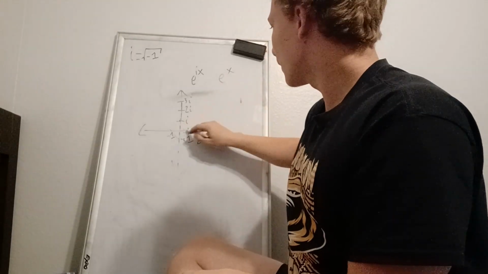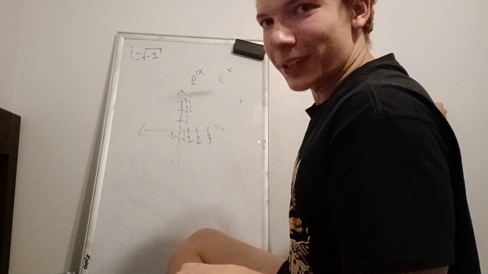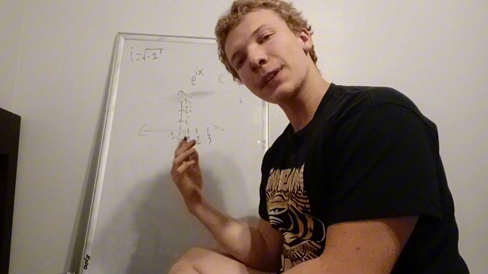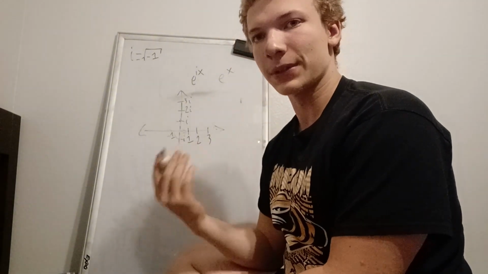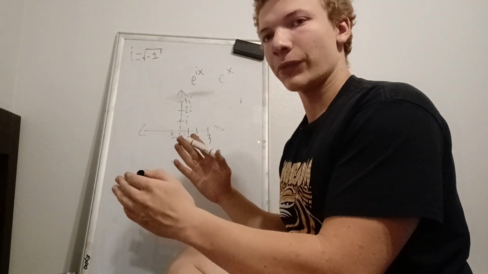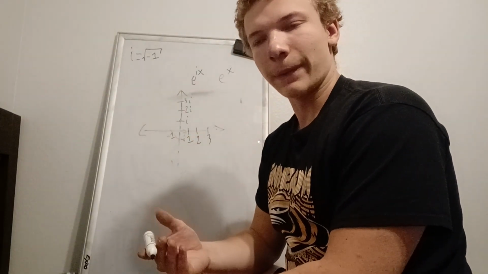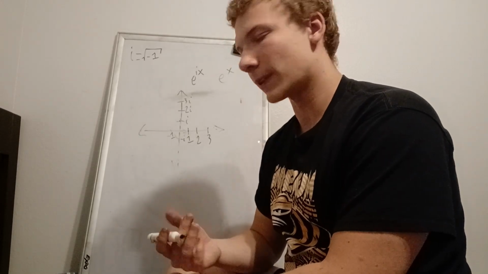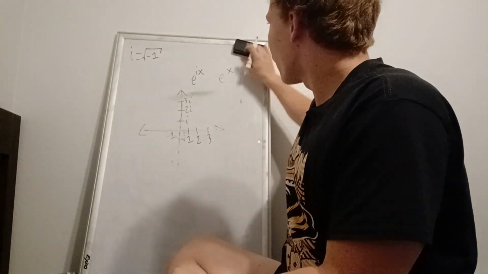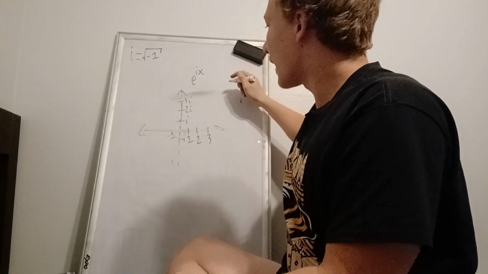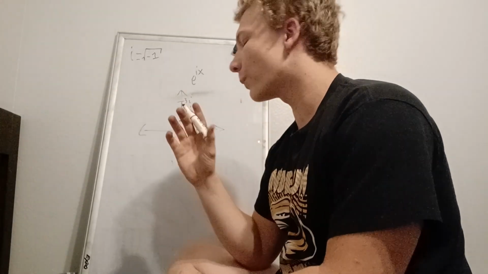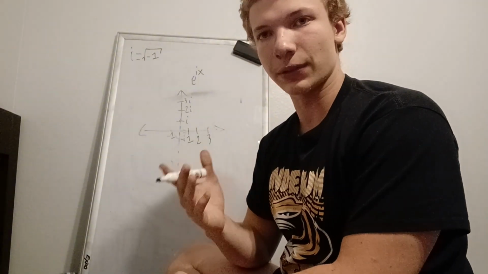If x is 3, it'd be all the way out here. And you get the idea. As x increases, that position vector will increase. Of course, on just the real number line, every vector is just a line. But on the complex plane, it actually does have a proper direction. Which means that for e to the ix, we need to consider what happens when x increases.